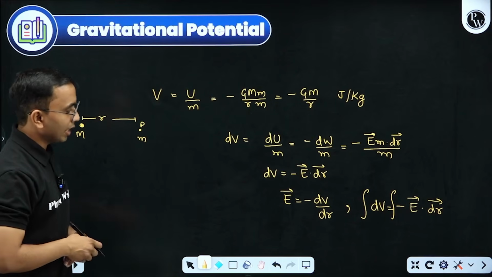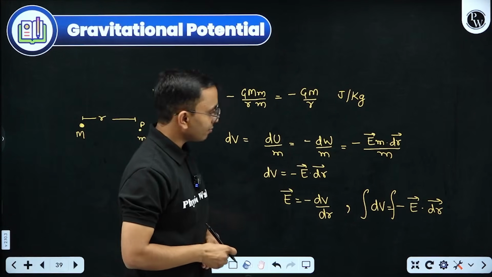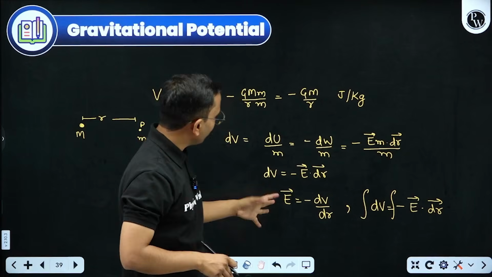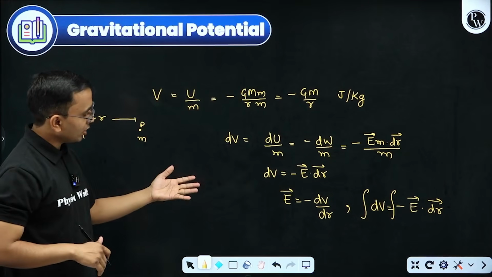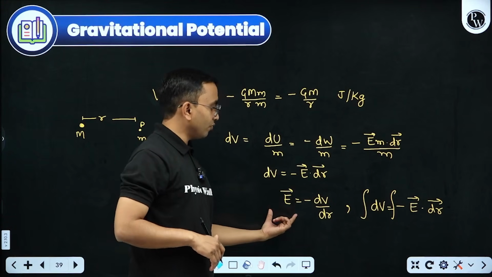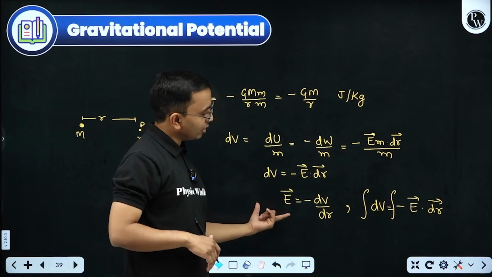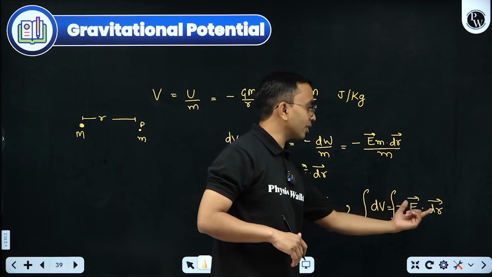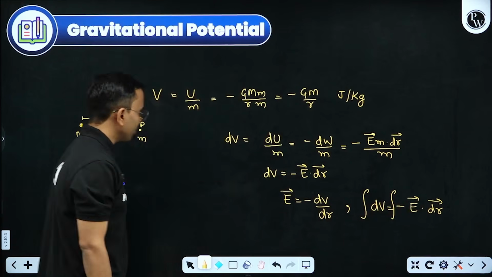Like that also we can write. So if we need to find the field from the potential, you can use this relation. If you need to find the potential from the field, you can use this relation.